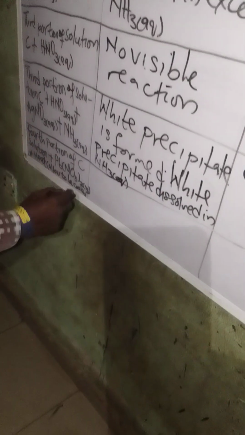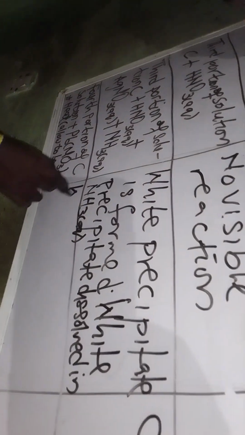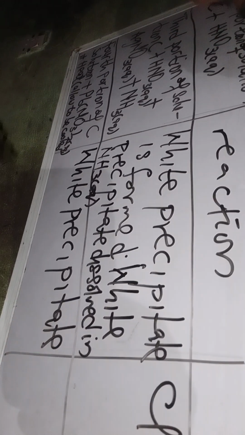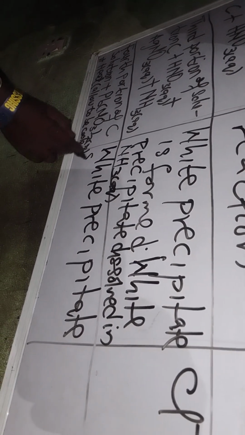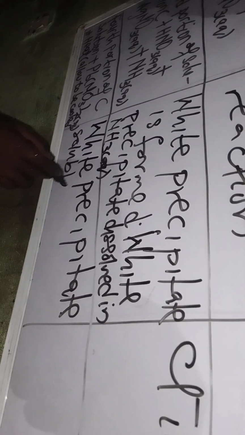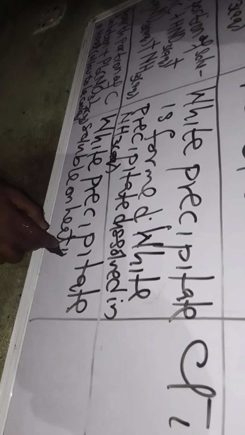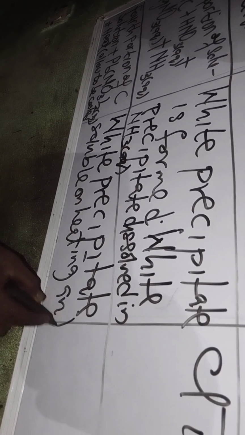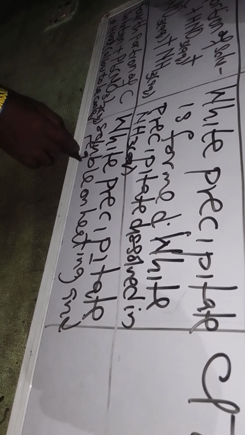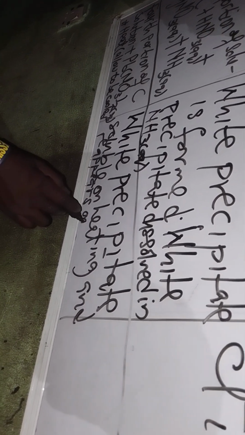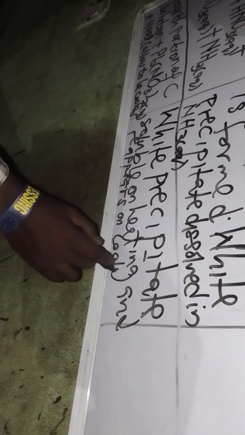Then they say we should heat it: the white precipitate is soluble on heating and reappears on cooling.